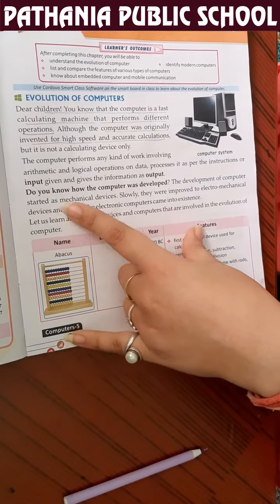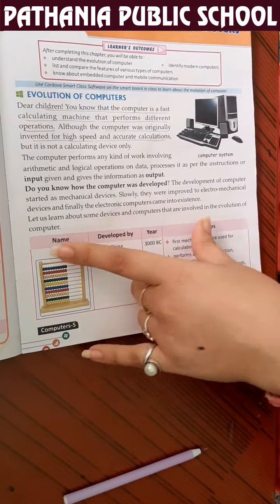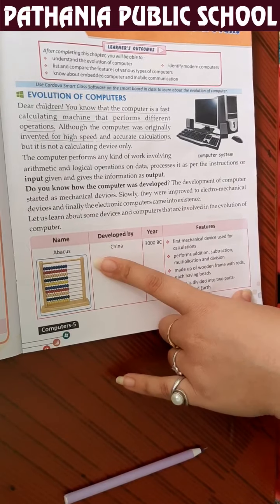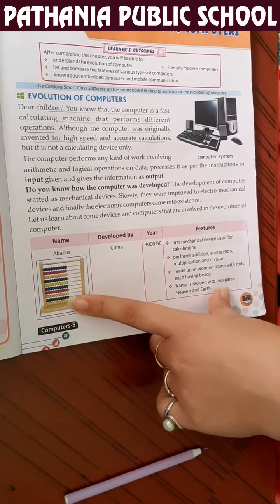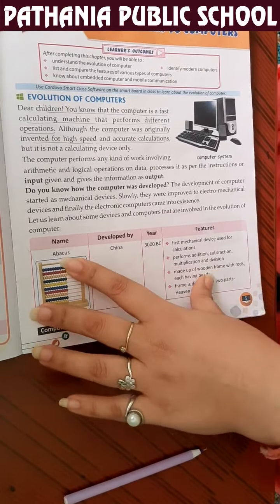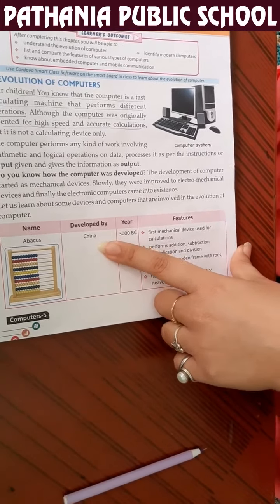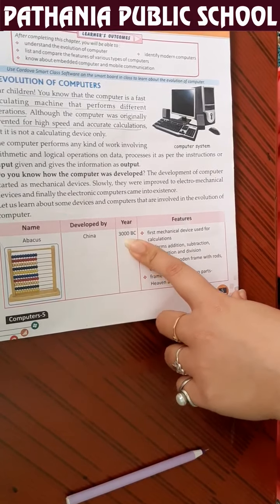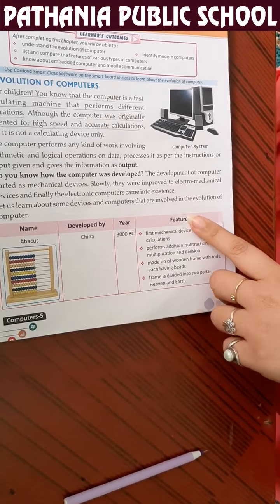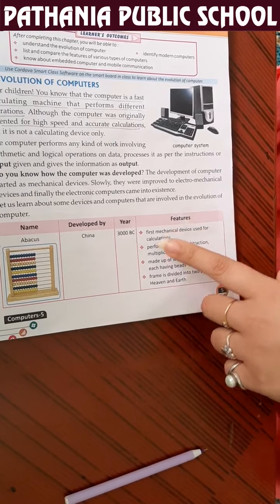Now in this chapter we discuss about the levels and the types of computers. Our first computer is the Abacus, which was developed by the Chinese in the 3000s BCE, and there are some features of the Abacus.